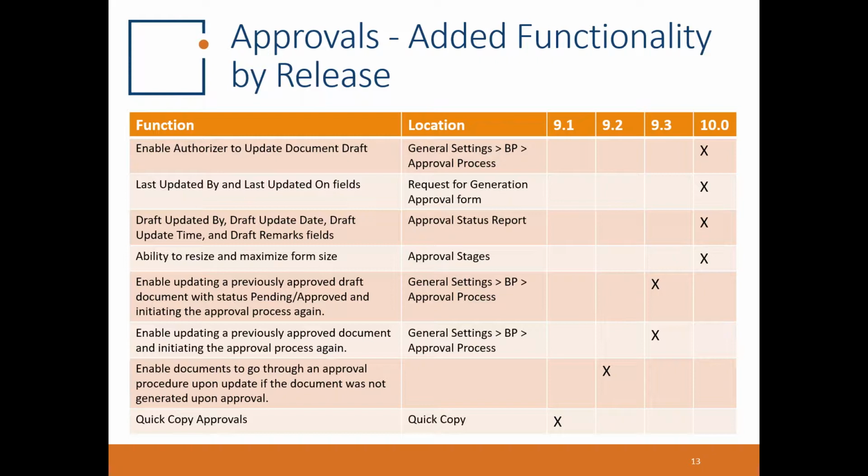Before 10.0, instead of making that change on the document, they would have to type it out as a note and reject the document. It would go back to the originator, who would make that change, and then it would go through the process again. In this case, the authorizer can make that change to the document themselves, so it really saves a lot of back and forth work.